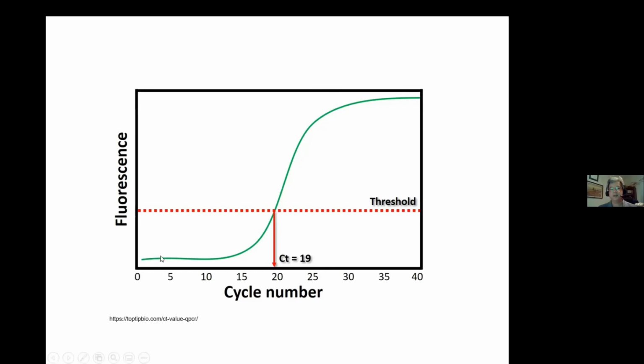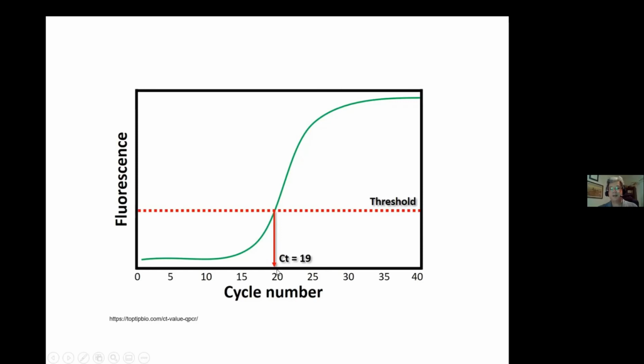So it's like it's really dim, it's dim, it's dim, and then your numbers start to build. And at some point, you say, okay, this is bright enough, I'm going to call it positive. All right, and then it'll keep going and eventually plateau because the camera gets saturated.